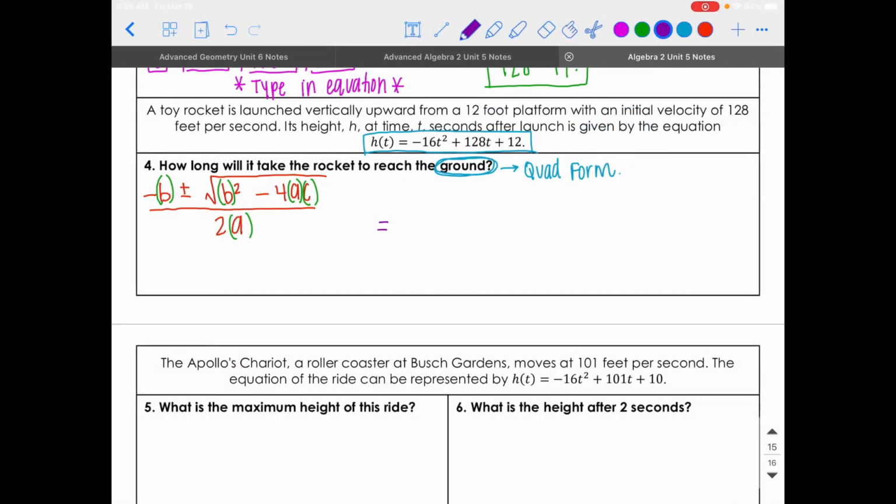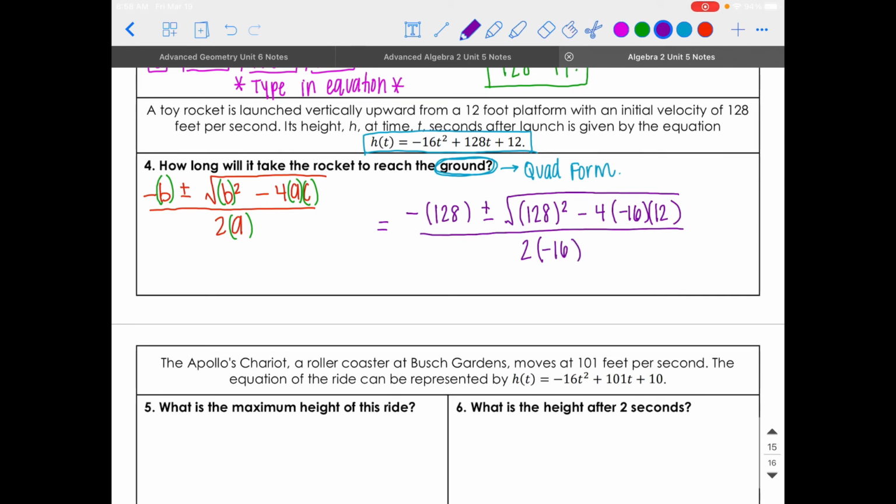So negative, my b is 128, plus or minus the square root of b squared minus 4a times 12, all over 2 times negative 16.